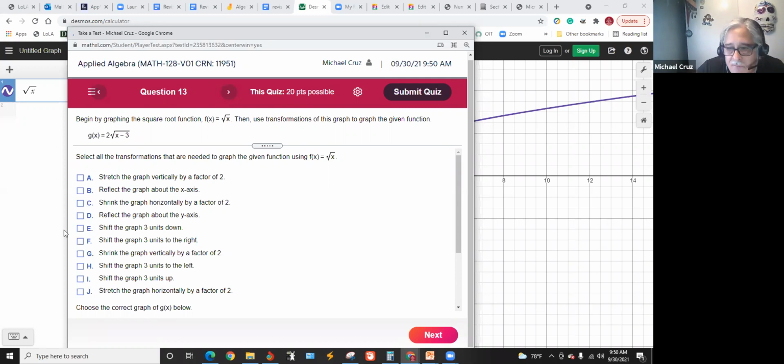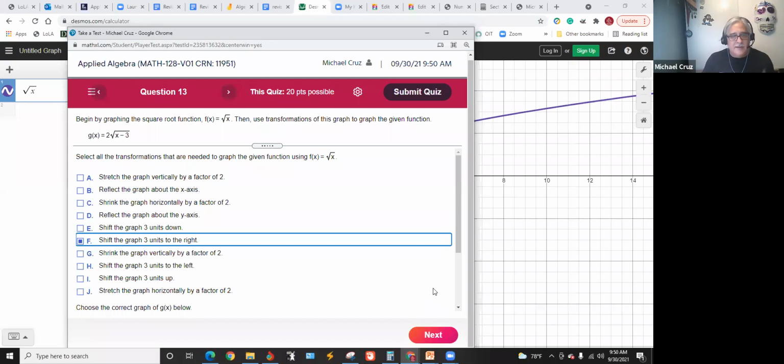So this is a shift to the right, because it's inside the function. And inside the function, the shifts go the opposite of what the sign is there.